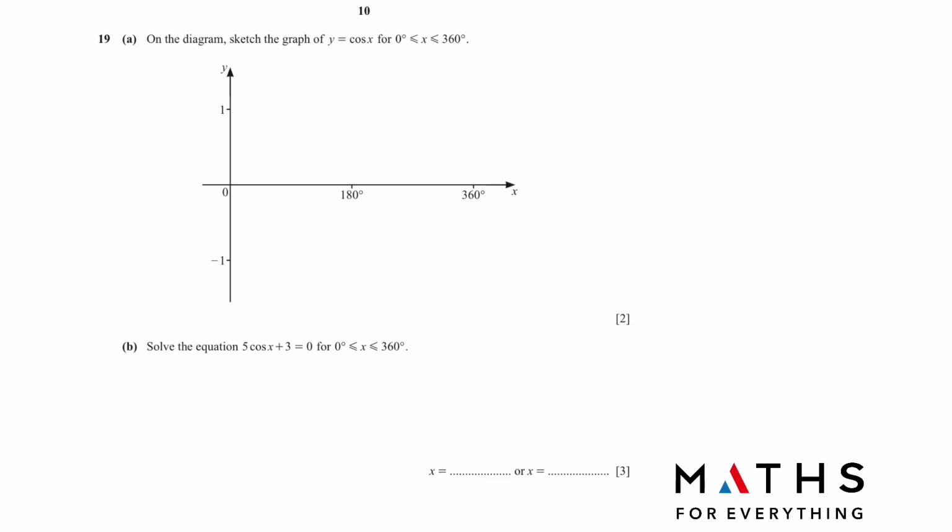Question number 19. On the diagram, sketch the graph of y is equal to cos x for 0 to 360. We have been given 0, 180 and 360. Always make it into 4 parts, whether it is a sine, cosine or a tangent graph. So 0, 90, 180, 270 and 360.